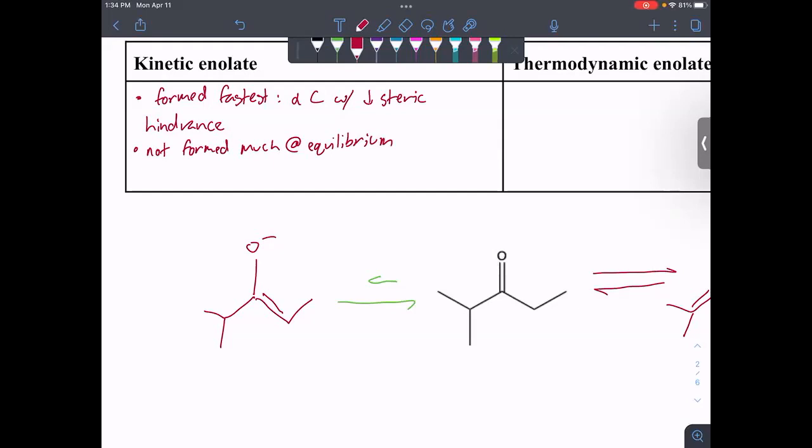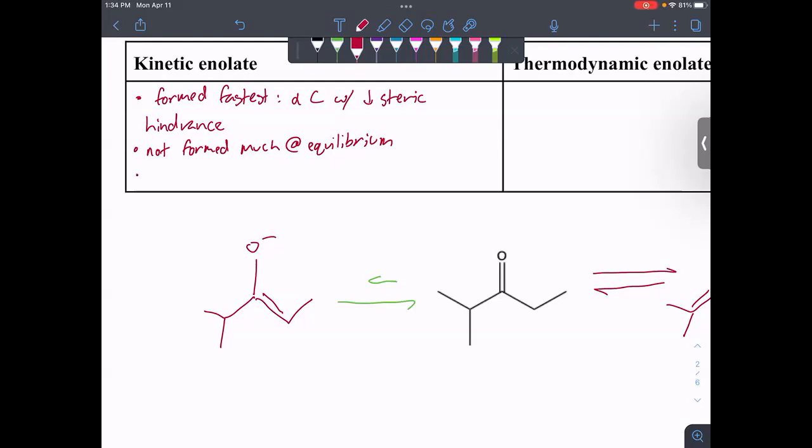If you want to get the kinetic enolate as your major product, you want to use something bulky and hindered, like LDA or LiHMDS. They're very big, very hindered. I think they look like big crabs, and a big crab can't really go in and take a proton that easily.